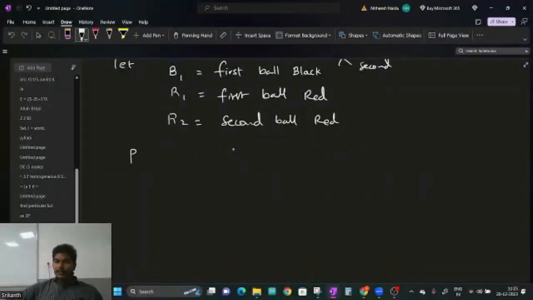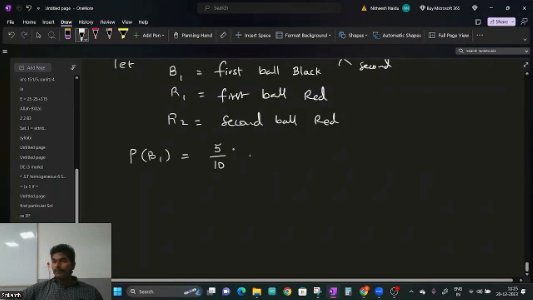So what we are doing is, first we will calculate, the first draw will produce a black ball. Black balls are how many? 5 out of 10. If you draw the first ball red, then P of R1 is also 5 out of 10. After drawing, the first ball is black and the second ball will be red.